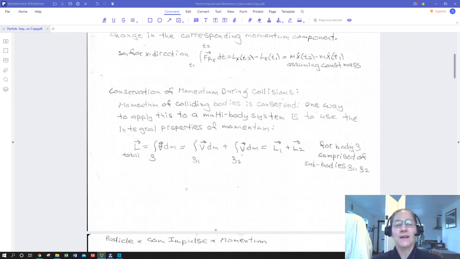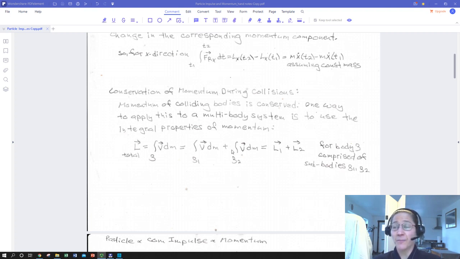So if we had a rigid body or a non-rigid body that we could break up into two parts, maybe it's going to explode and there'll be two parts flying off in different directions, we can consider the momentum of the system, maybe when it all has the same velocity, and then we can equate that to the momentum of part one, which may have a very different velocity than the momentum of part two.